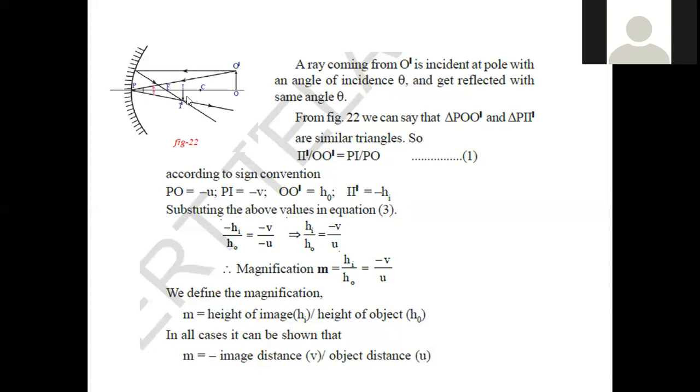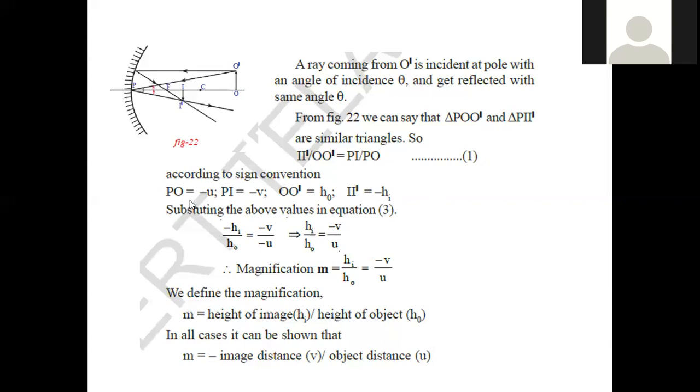Then what is the sign? Whether it is upright or inverted. You can clearly observe the arrow is pointing toward the bottom, so it is an inverted image. For an inverted image, you assign a negative sign. So here I'I is equal to minus HI.